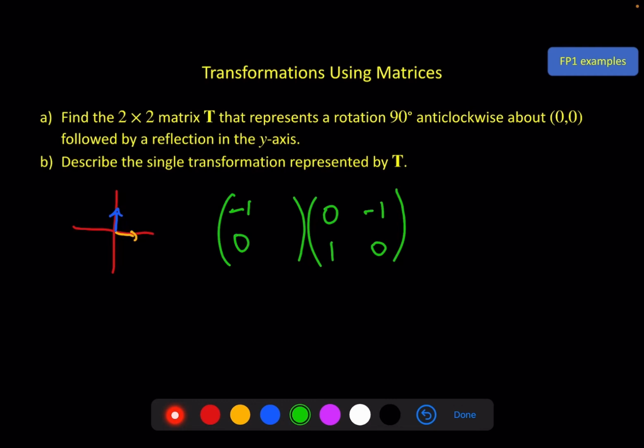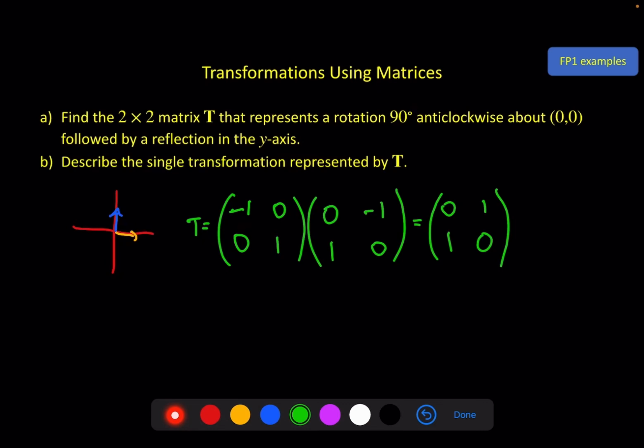And the blue one wouldn't change, so that would be a 0, 1. Now the matrix T that represents both of these, this one first and this one second, is just the multiplication of these two in this order. So I go ahead and do the multiplication, and I get 0, 1, 1, and 0.